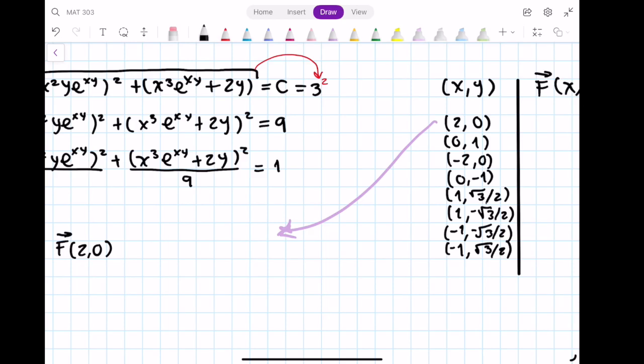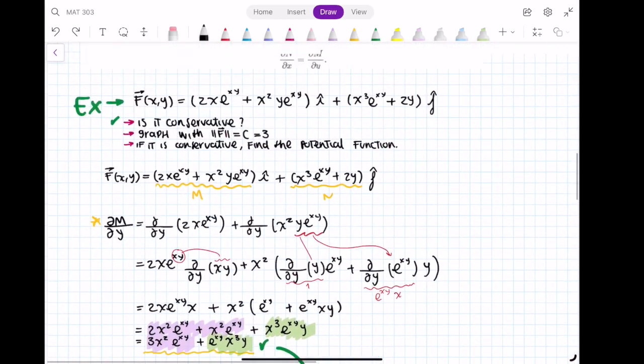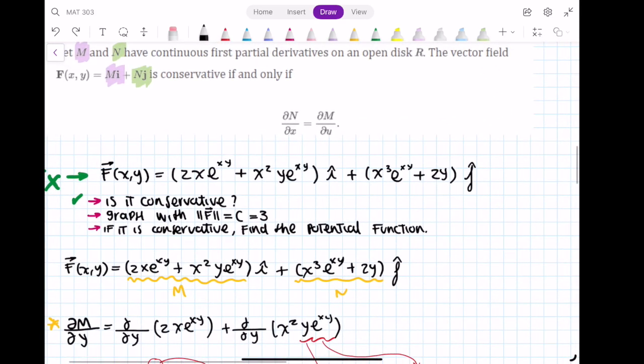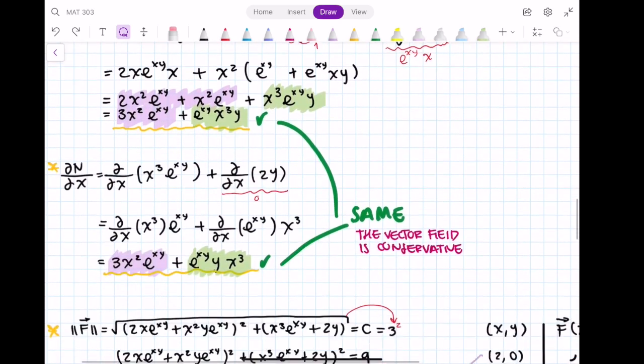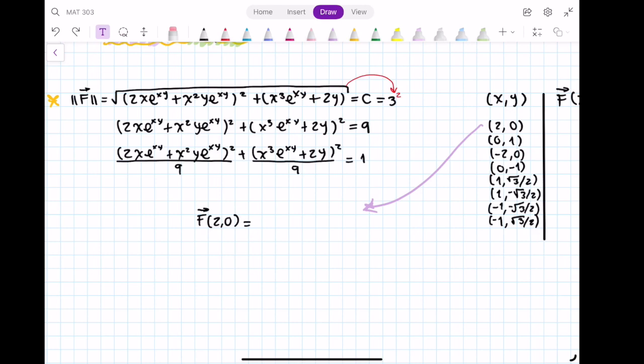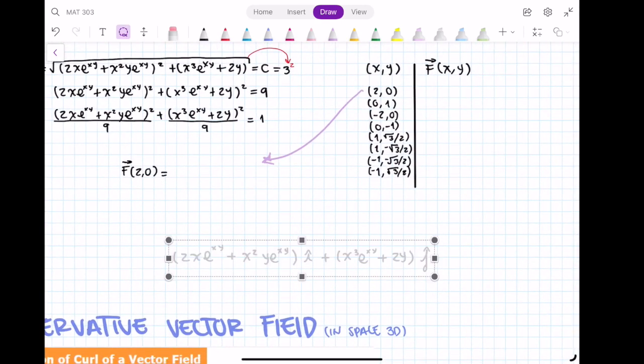We're gonna have the whole function here. We can just copy and paste it here.